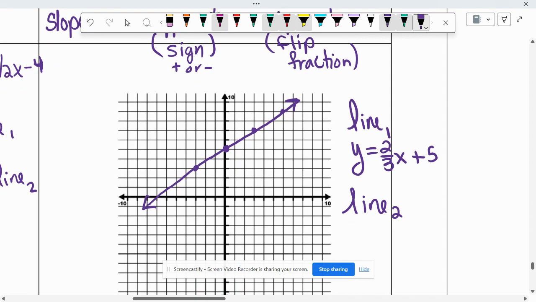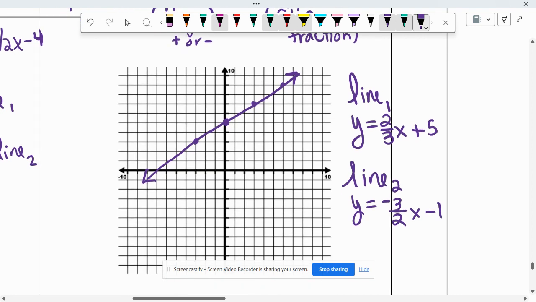I love it. And line 2 is the equation y equals negative 3/2 x minus 1. So I'm going to begin at negative 1. And I'm going to go down 1, 2, 3 over 2.